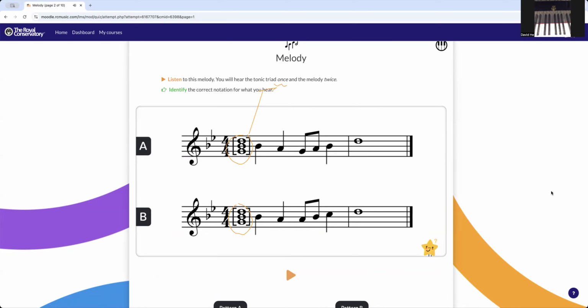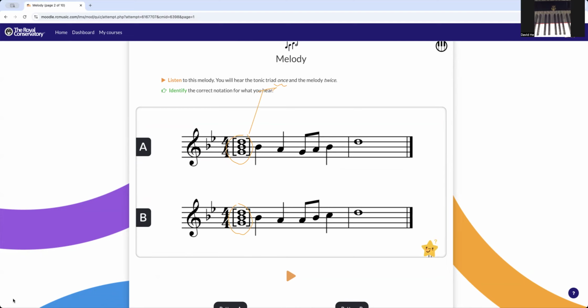Okay, your answer. Which part is different? Let's circle the part that is different, only this part.